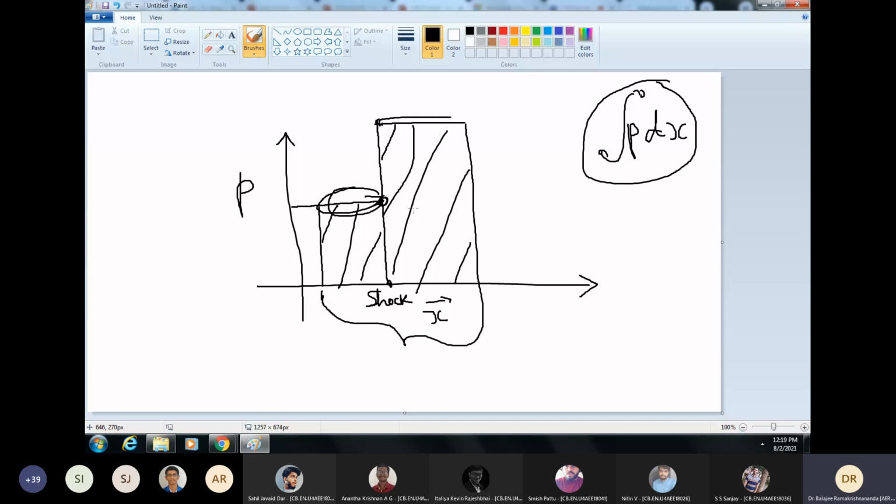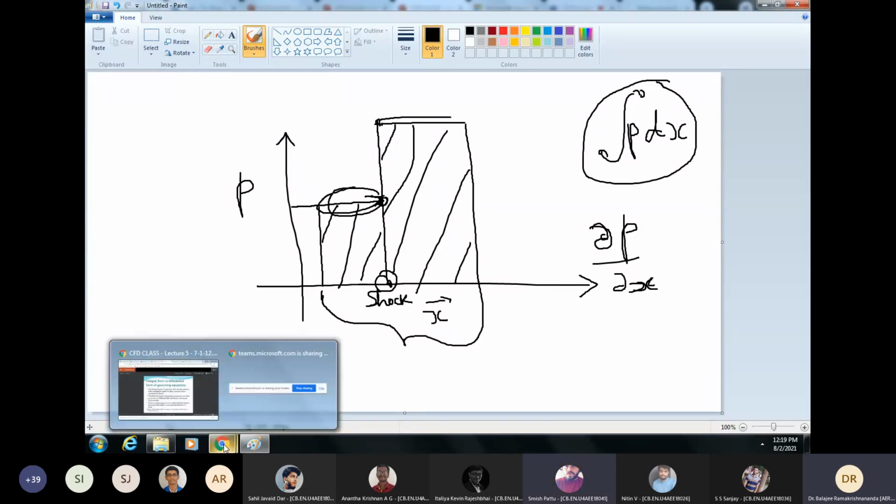It can be discontinuous and still you can integrate. Whereas if I want to find dp/dx, it is not defined at this point. It is not even continuous, so how can it have a derivative? It cannot. Is it clear, Smish?